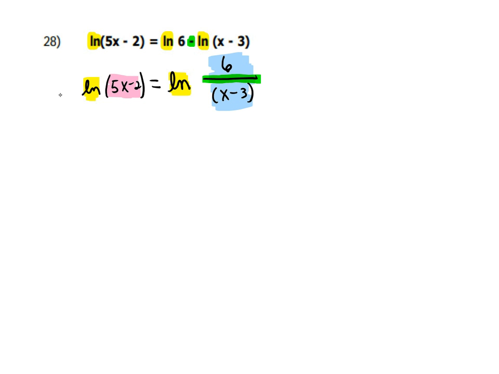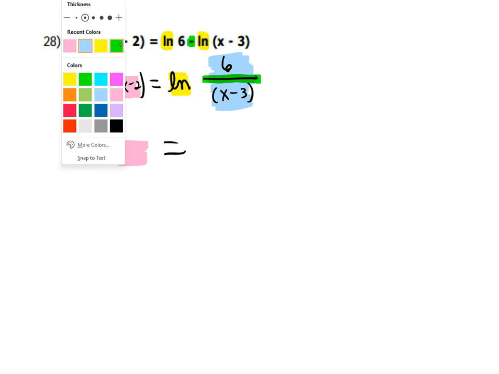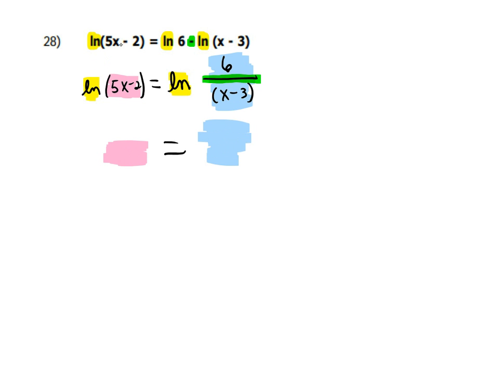So if you have the natural log of this equals the natural log of that, then your this will equal your that. You get to just drop the logs. So on the left, I'll have a 5x minus 2, and on the right, I'll have a 6 over an x minus 3.